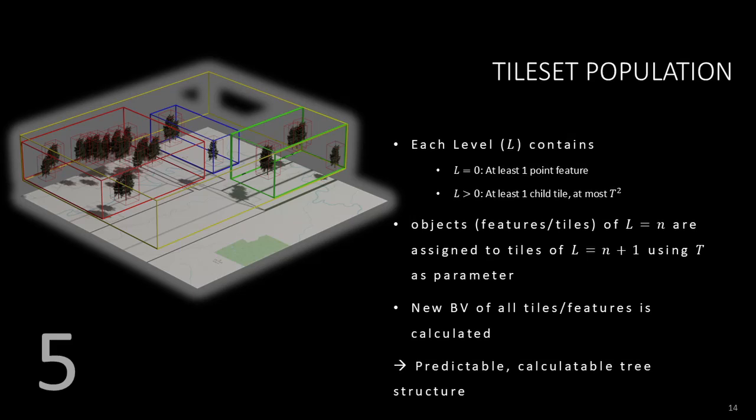For each tile, based on the features or other tiles that are contained within, a new bounding volume is calculated to control the visualization. The application of this tiling approach ensures a predictable and calculable tree structure.